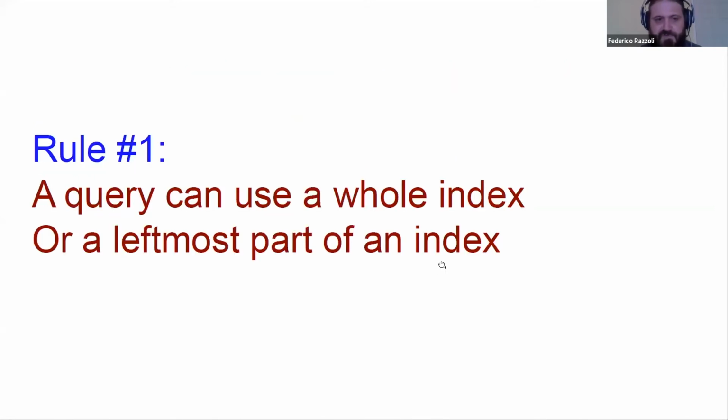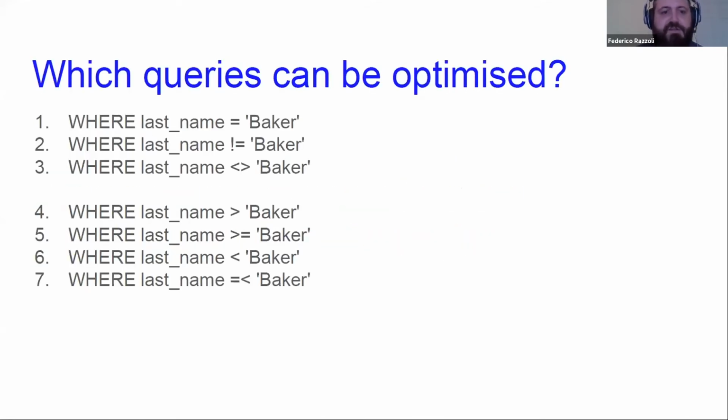Okay, so let's proceed. Now let's see some more examples. The first one is something that we already saw. It can use an index, but basically here you can see almost all the existing SQL operators.